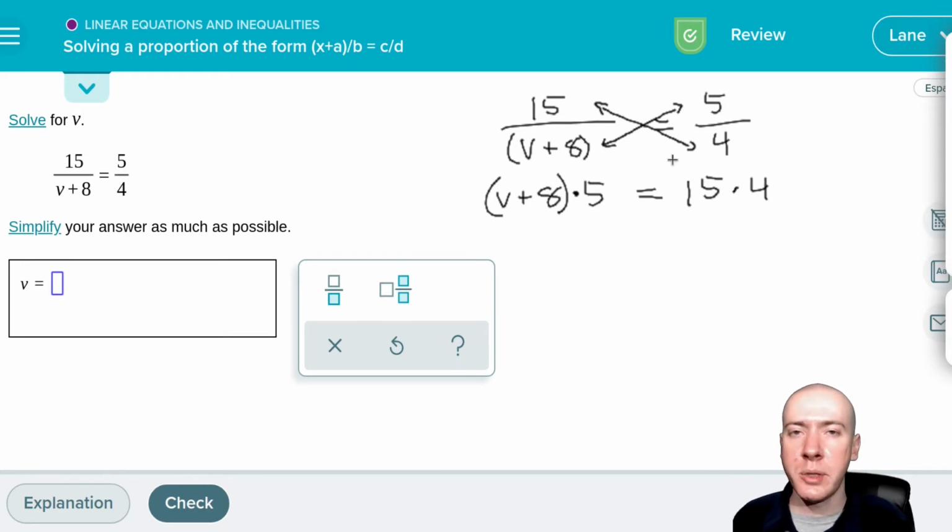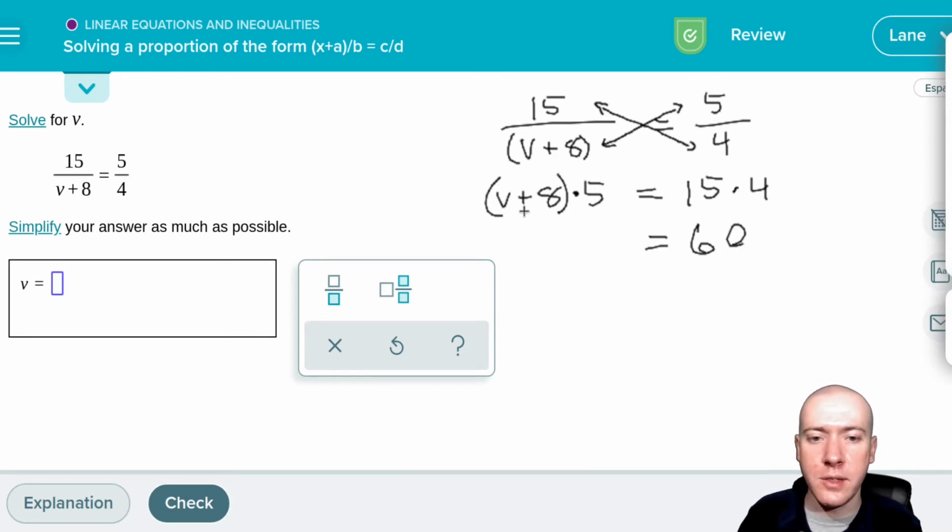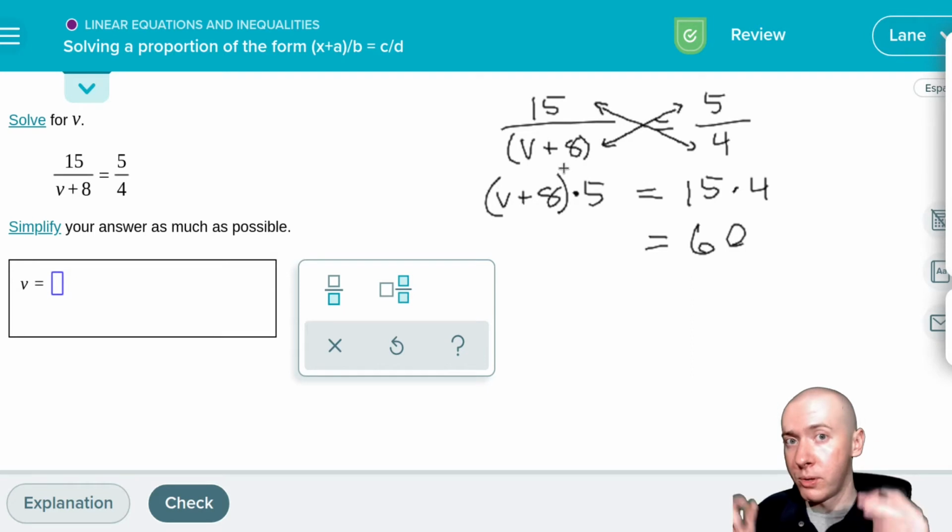Now let's simplify some things. On the right-hand side, what's 15 times 4? 15 times 4 is 60. On the left-hand side, we need to distribute, because we have this set of parentheses with addition or subtraction, and we're multiplying a number by that whole quantity.